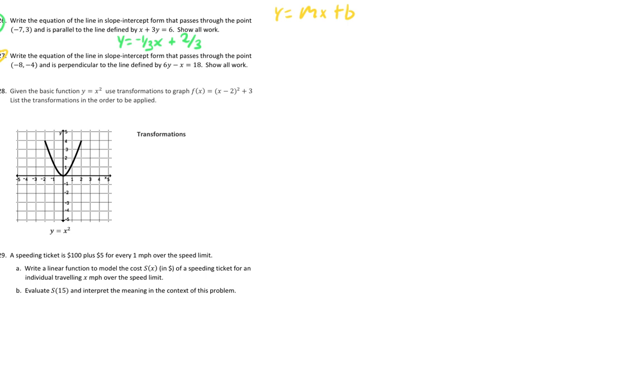And we know that it's perpendicular to this line, but we don't even necessarily know what the slope of that line is yet. But we can find it by solving for y. So we'll add x to both sides, and then we'll divide by 6.